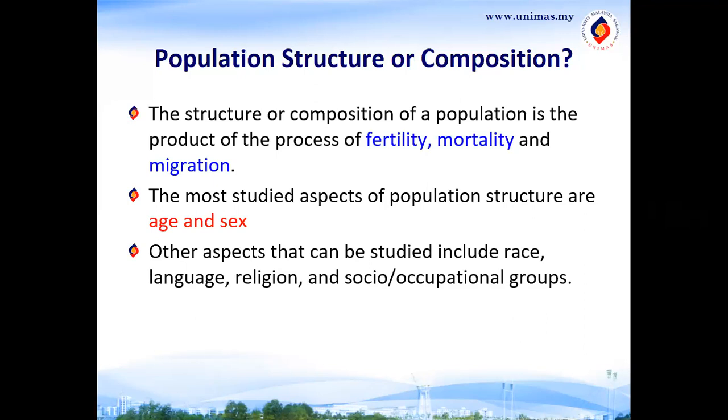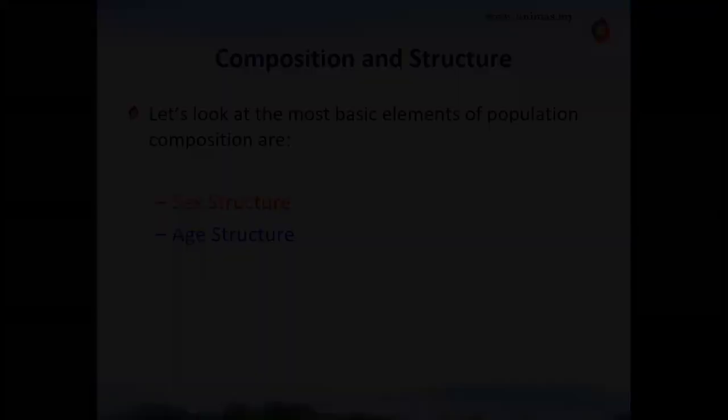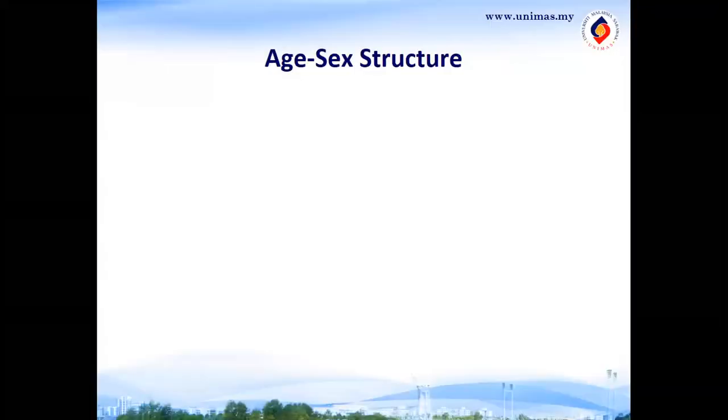You can look at the structure of the population in terms of these other aspects as well. But the main, very common ones are the age and sex structure. So we look closely at the most basic elements of population composition, which is the sex and age structure.